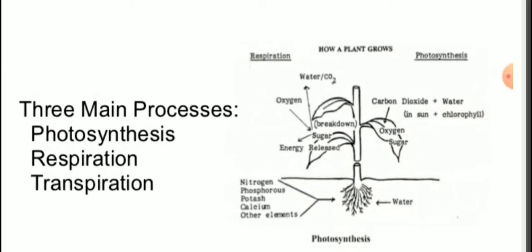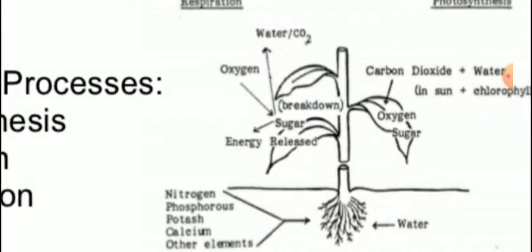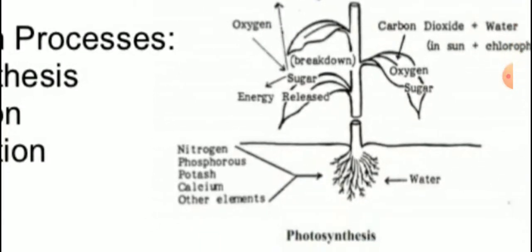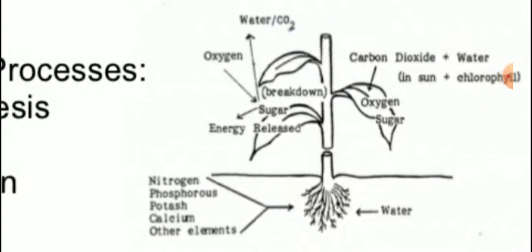Photosynthesis, respiration, photosynthesis. How does a plant grow? Listen. Water contains nitrogen, phosphorus, potash, calcium and other elements.